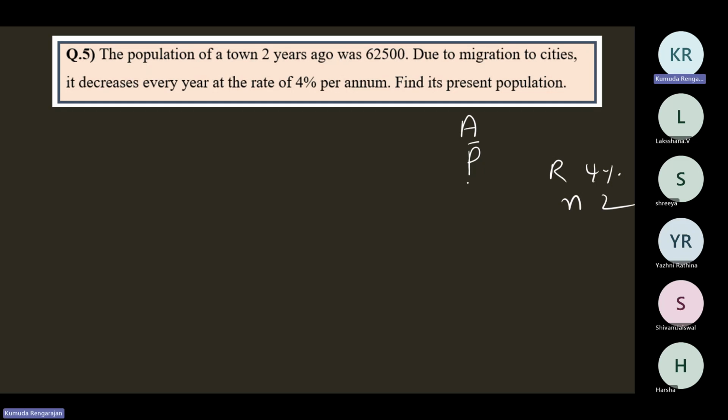About amount and principal, we have discussed earlier. Whichever is the latest, that should be taken as the amount. The one which is ahead in time will be taken as the amount. In this question, it's about the population 2 years ago, and we need to find the present population.